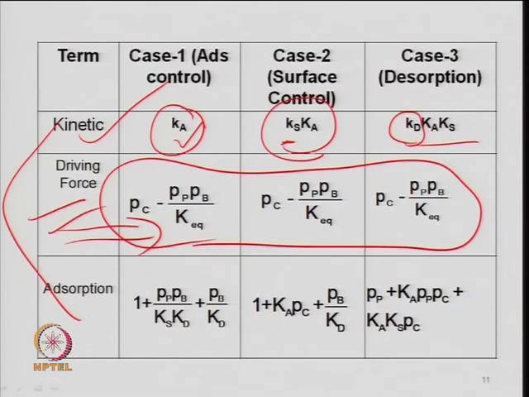So, this is the adsorption control. This k p A has not come here, because adsorption of A is rate controlling, right. Here the surface reaction term K s has not appeared in the denominator, and neither has desorption. So, what does it mean? The step which is rate controlling will not have its term appear in the denominator.